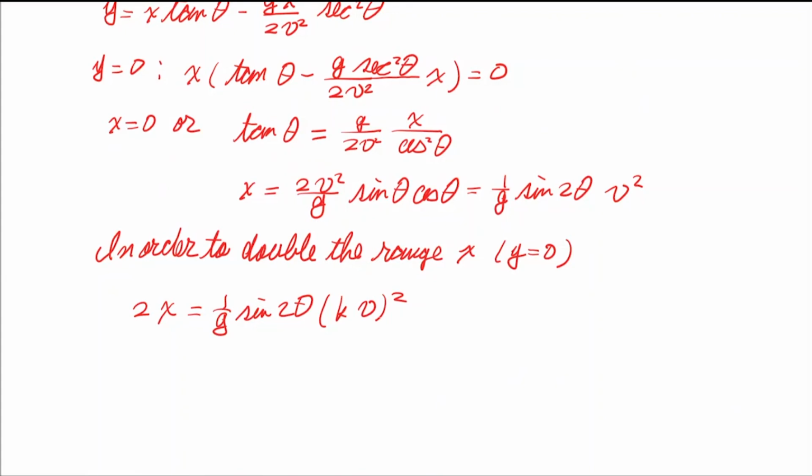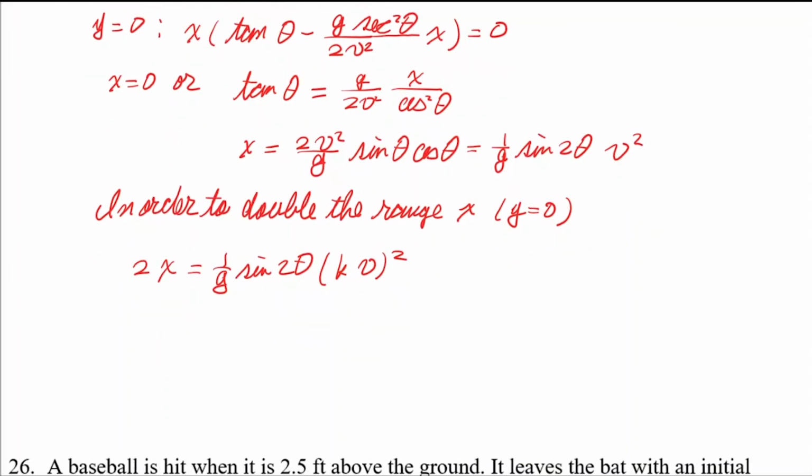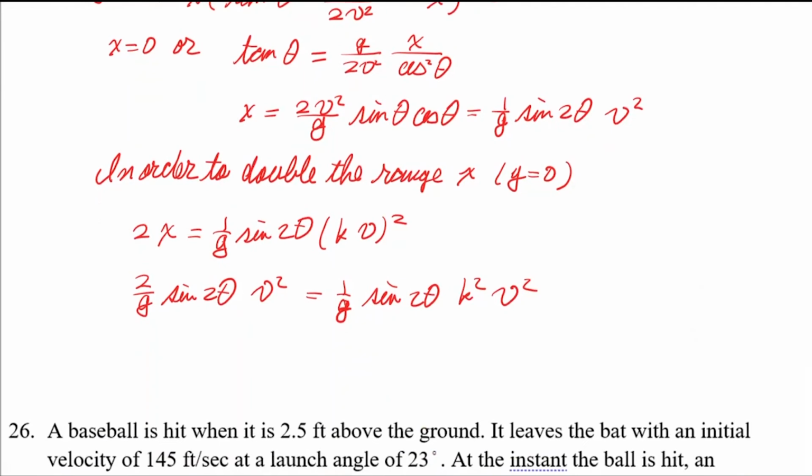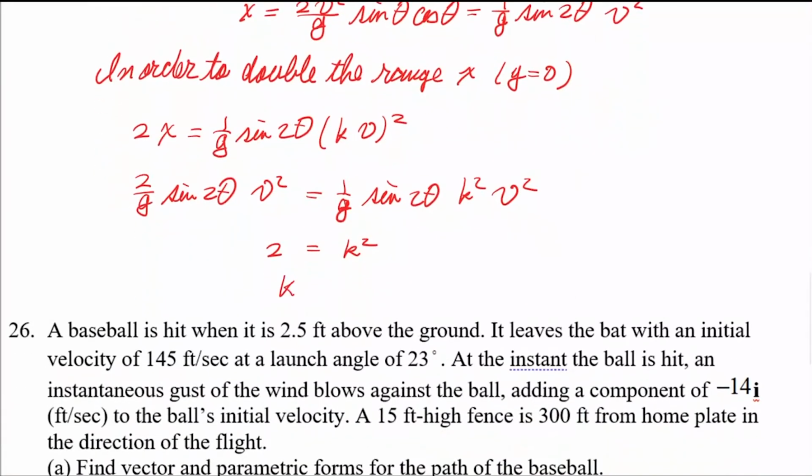So substituting this back, we have 2 over g sine 2 theta v squared here, and the other side becomes 1 over g sine 2 theta, and this is k squared v squared. That was actually a pretty good idea. Everything else cancels, so 2 is equal to k squared, meaning k is equal to square root 2.